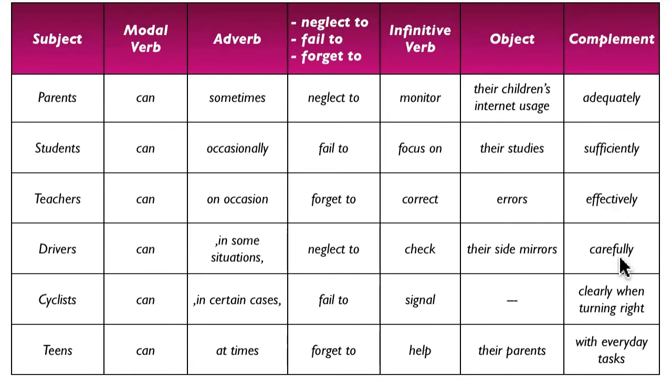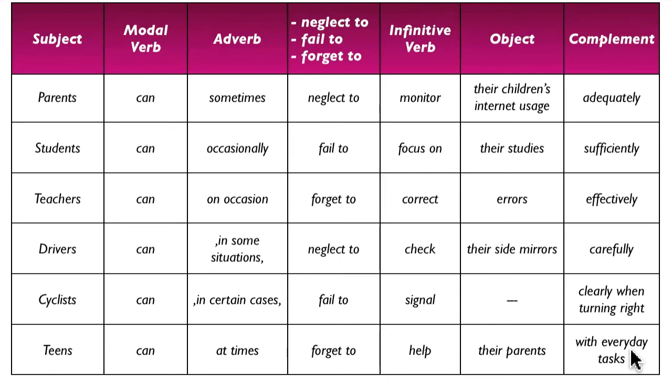And carefully means that you did it with care. Clearly means that it's obvious, that you can see it. And here, with everyday tasks, everyday sometimes means you do something every day, but in this context it means that it's normal, usual, or regular. So don't forget, everyday is often used to describe nouns that are normal, usual, or regular.